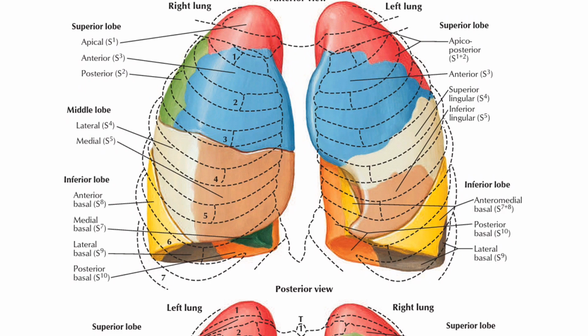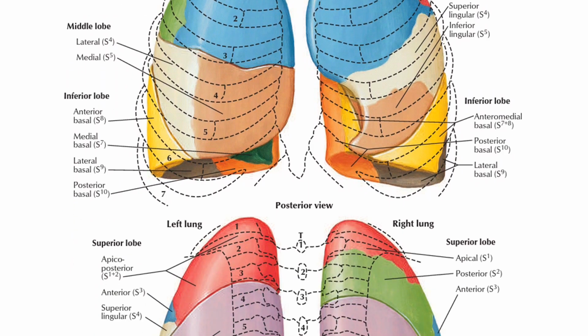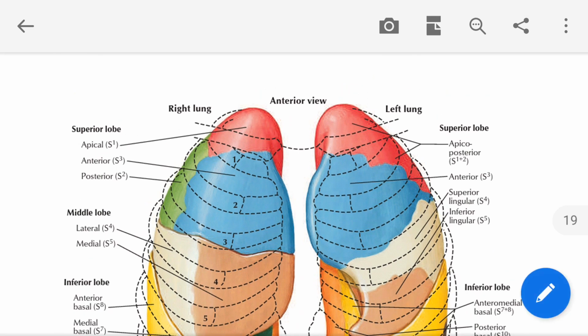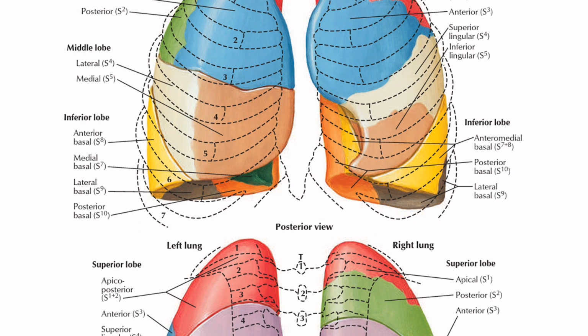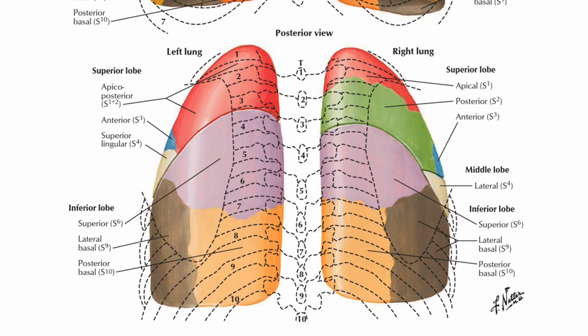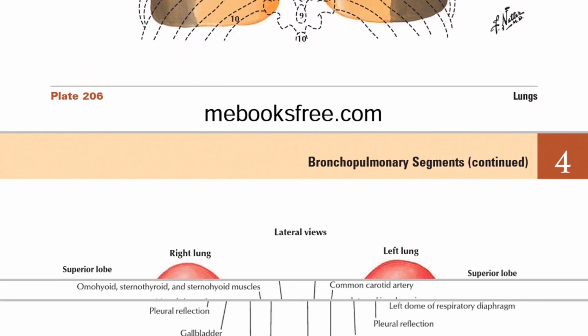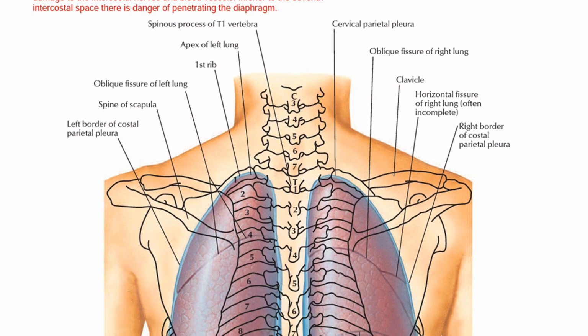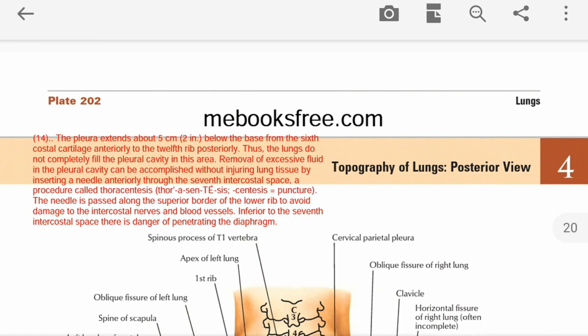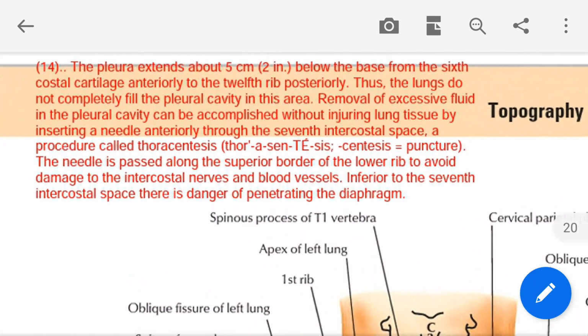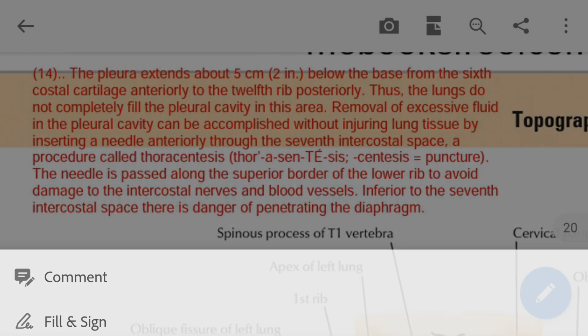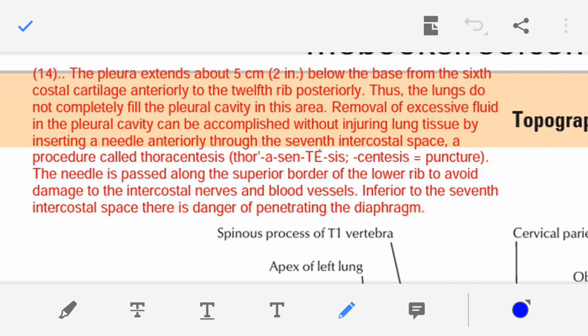So this is how the lungs are present in the rib cage. The first figure is the anterior view, and in the second figure the posterior view is shown. In the rib cage 2 lungs are shown, and in the middle the 1 to 10 thoracic vertebrae are shown.